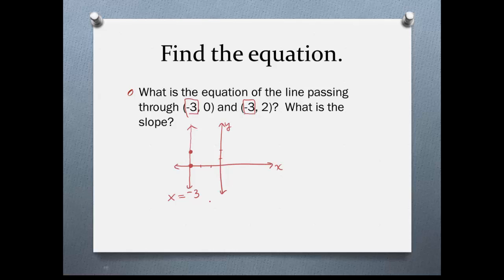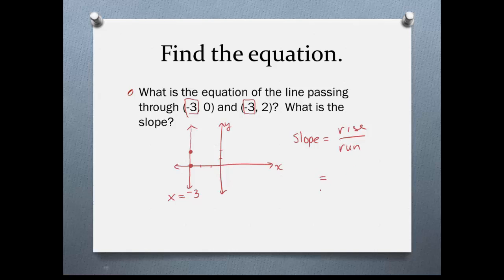Now, if you've studied slope, you know that once you have a line and a couple of points on that line, you can always find the slope, which is the rise over the run. So slope is rise over run.